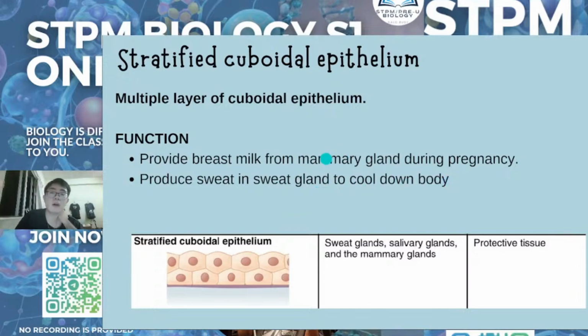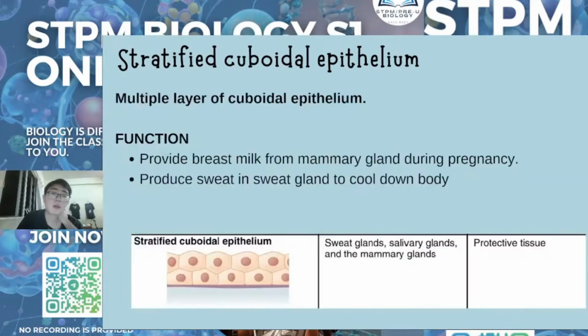So mammary glands and sweat glands contain this tissue, and also salivary glands. The main function is protection.